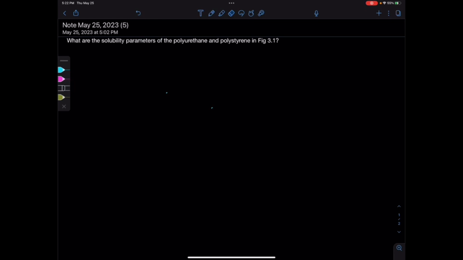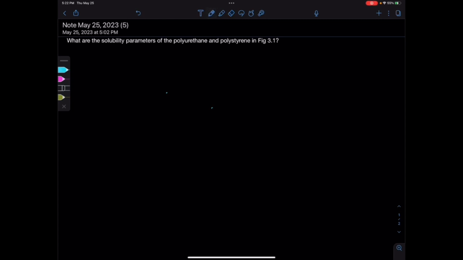The polymer is treated with different solvents of different solubility parameters, and a graph is plotted of the swelling coefficient of the polymer on the y-axis with the solubility parameter on the x-axis. The swelling is maximum when the solubility parameter of the polymer matches with the solubility parameter of the solvent.